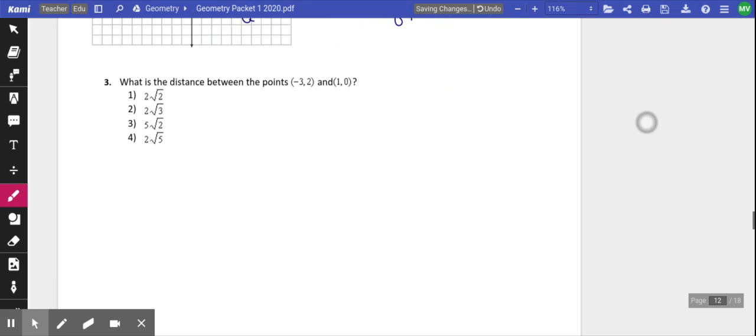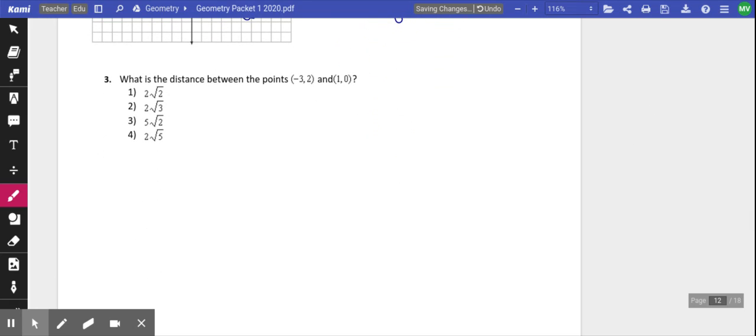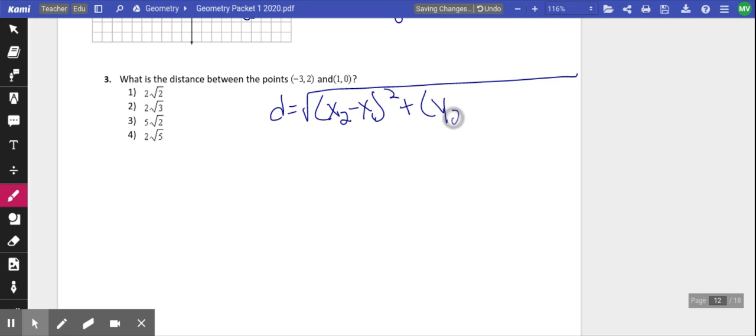Now number 3 I'm going to do out with you because I'm going to use the distance formula, because they don't have a graph. So again, my distance formula is d equals the square root of x2 minus x1 squared plus y2 minus y1 squared. Now I just realized when I gave you the formula, I had x1 minus x2. It really doesn't matter.